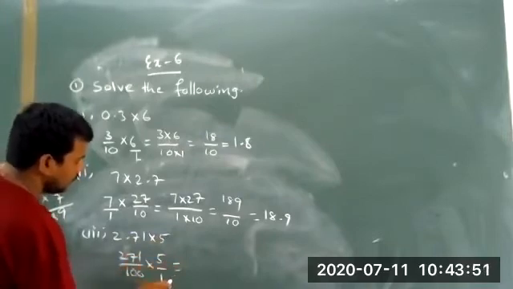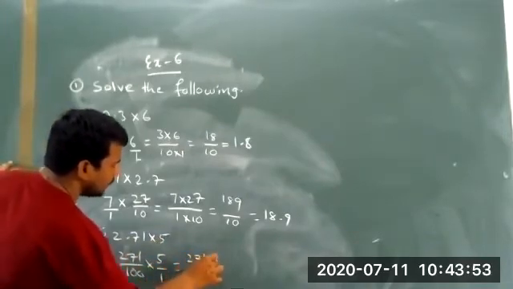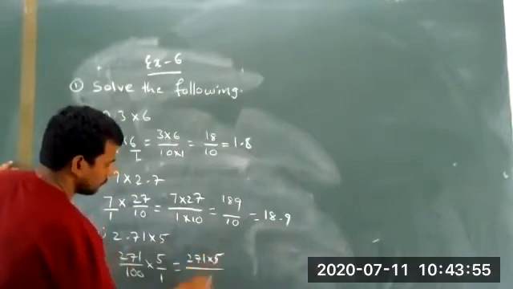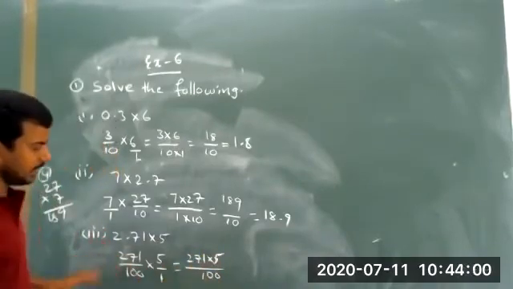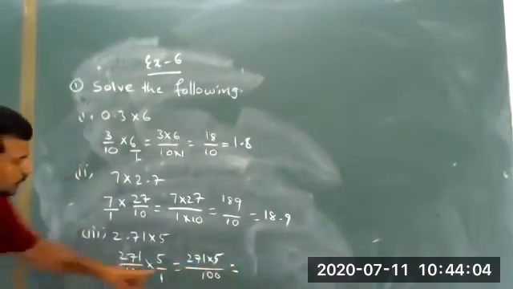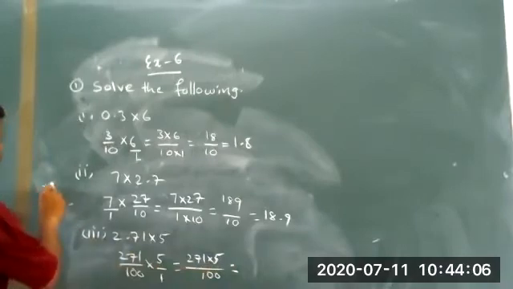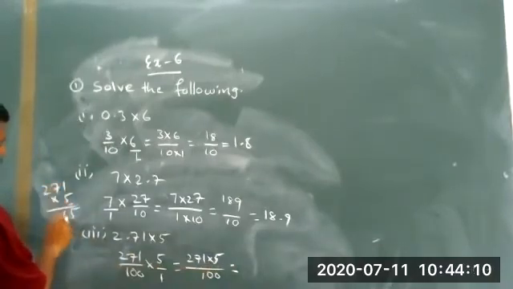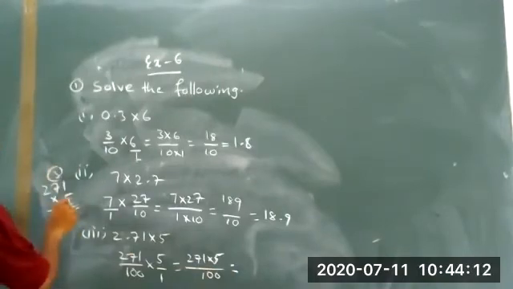Now numerator into numerator: 271 into 5 by 100 into 1. 271 fives: 5 ones are 5. 5 sevens are 35, 3 carry. 5 twos are 10 plus 3, 13.